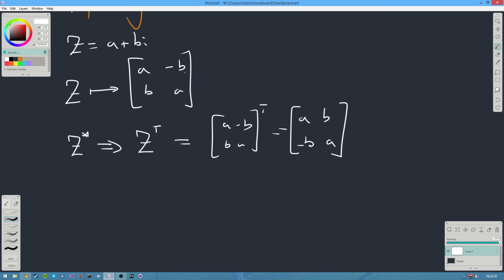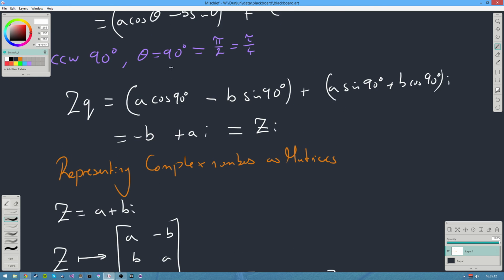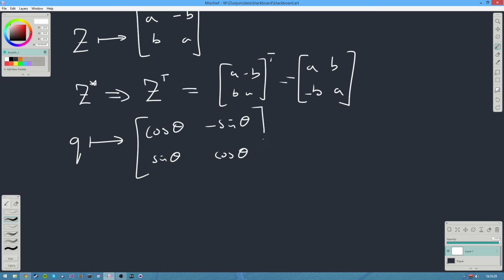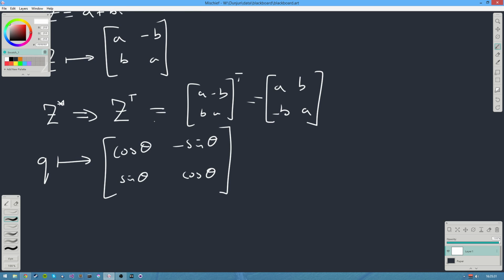So if we had put the cosine sine theta back in, so we had q, this gets mapped onto cosine theta, minus sine theta, sine theta, cosine theta, like so.